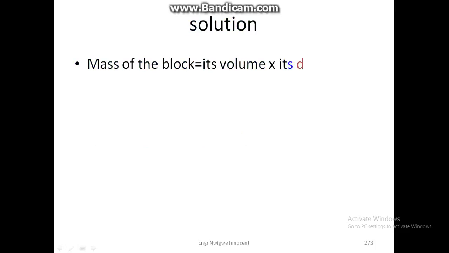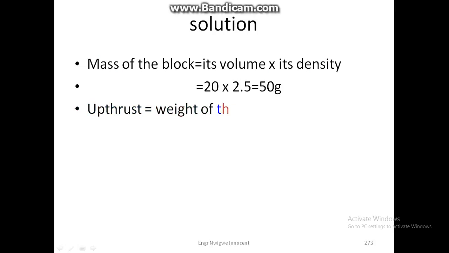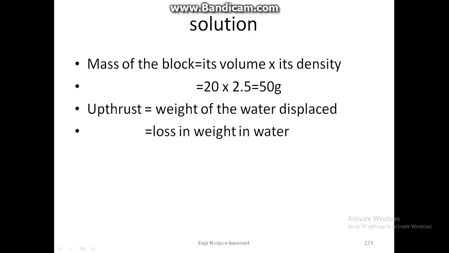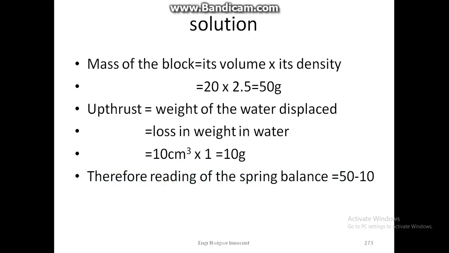Mass of the block equals its volume times its density, 20 times 2.5, which is 50 gram. Upthrust equals weight of the water displaced, which equals loss in weight in water, 10 cm cube times 1, which is 10 gram. Therefore, reading of the spring balance is 50 minus 10, which is 40 gram.